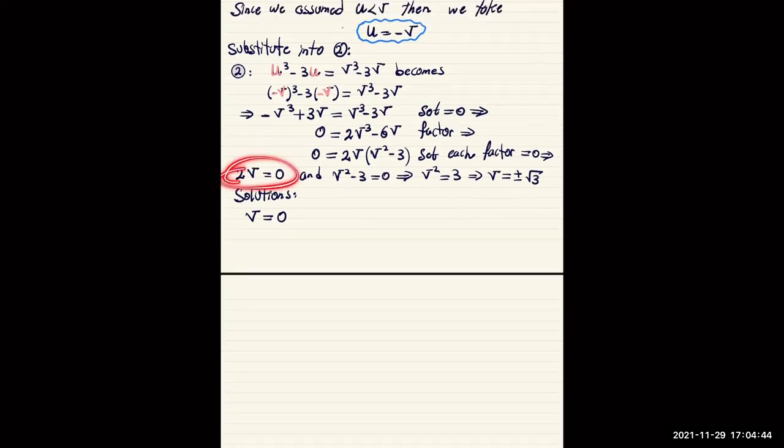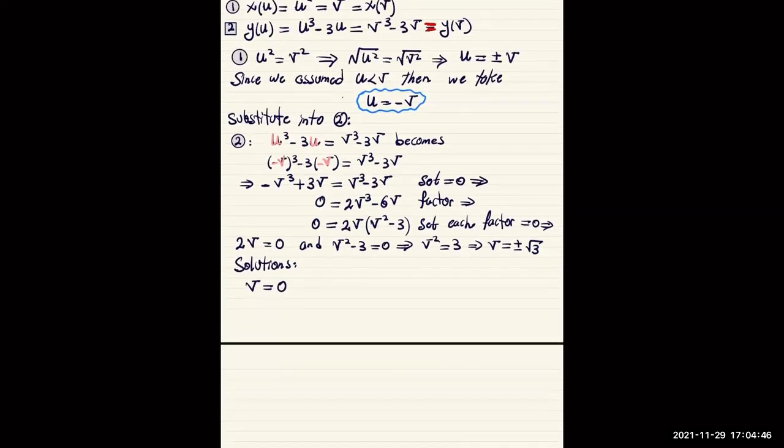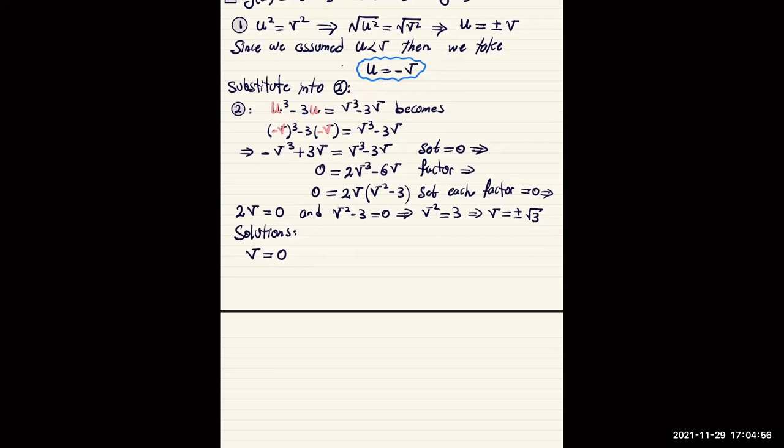All right. If from this equation v is equal to 0, then we know that our u has to also be 0. Okay, we are solving for u and v. Here u is the negative of 0, which means u is going to be 0.